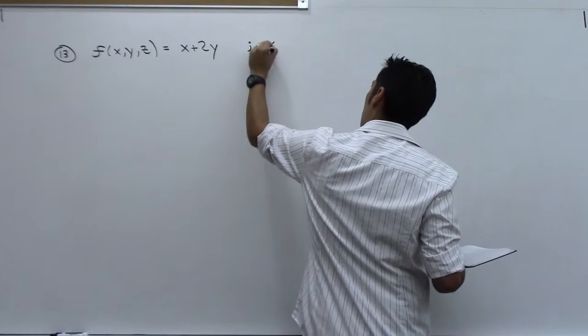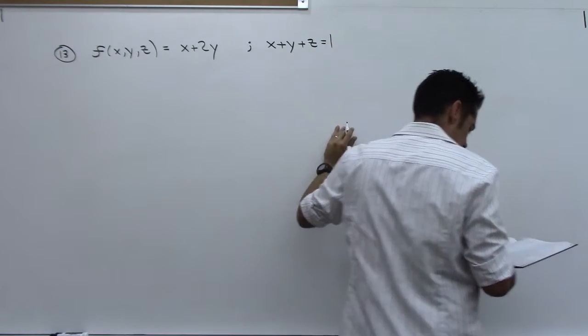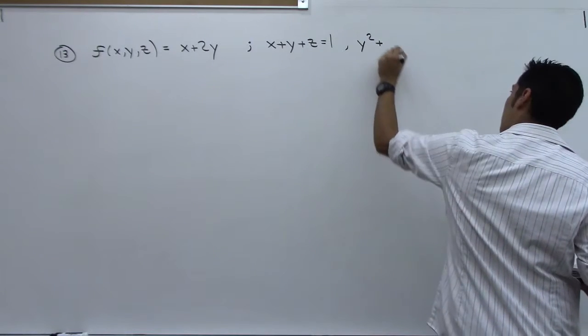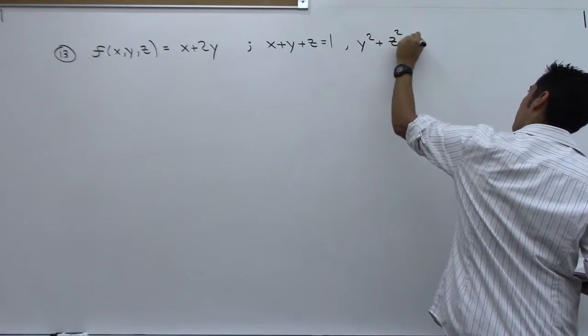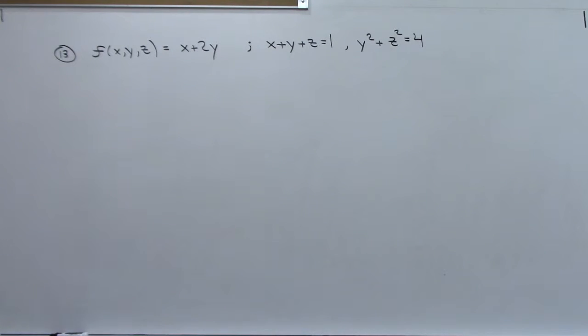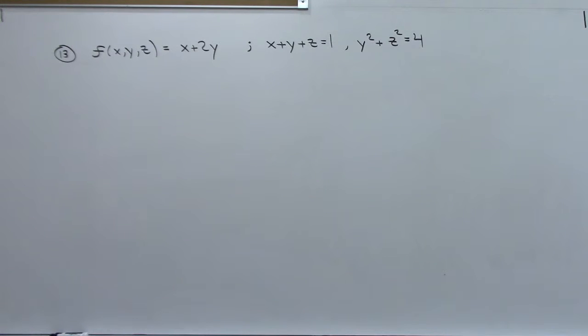So x plus y plus z equals 1, and y squared plus z squared equals 4. So we're trying to find the maximum and minimum values of this function constrained to 2 different equations. That's going to create a little bit of a different approach.